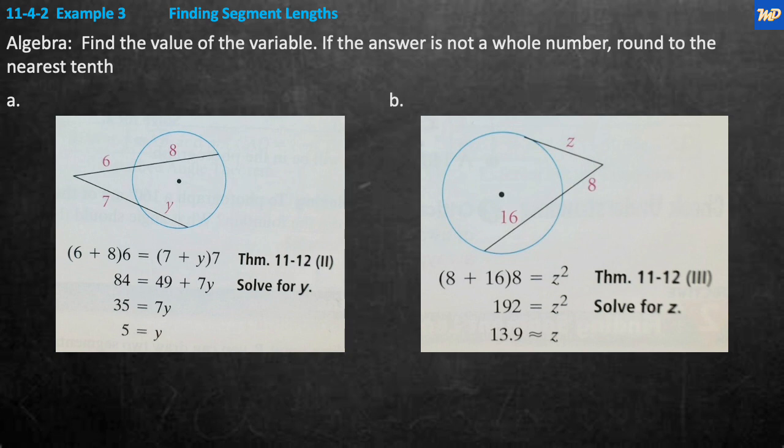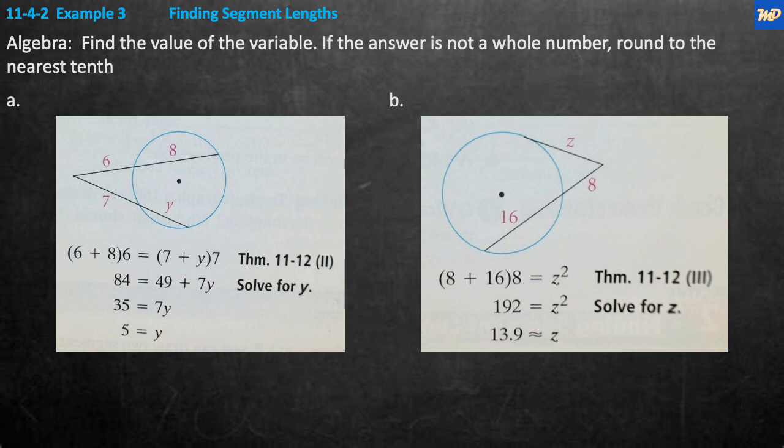Okay, example 3, finding segment lengths. They say this is an algebra problem: finding the value of the variable. If the answer is not a whole number, round to the nearest tenth.